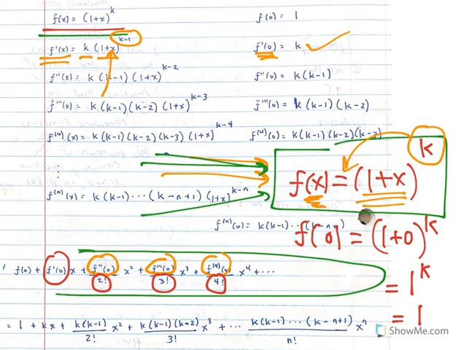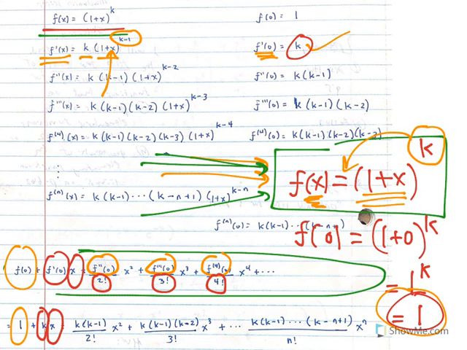So you see that here. F prime of 0 is k, so I have k here, and of course I have k times x. F of 0 is 1, as you see here at the bottom, and I write that for f of 0. So that's why we're finding the derivatives and evaluating them at 0, because that's what we need to do to form our Taylor series from this function.